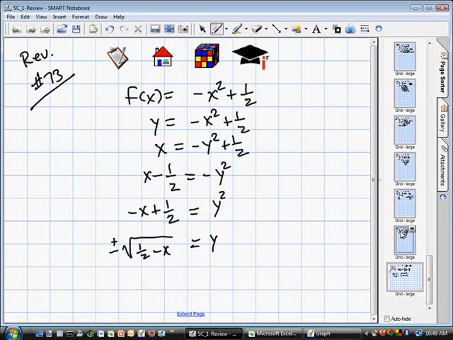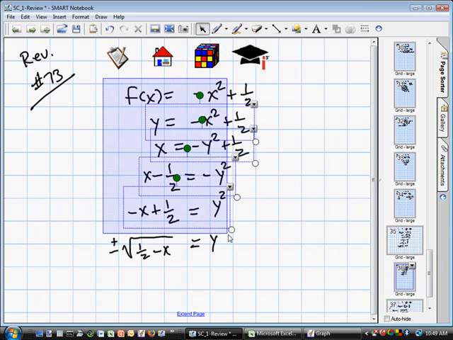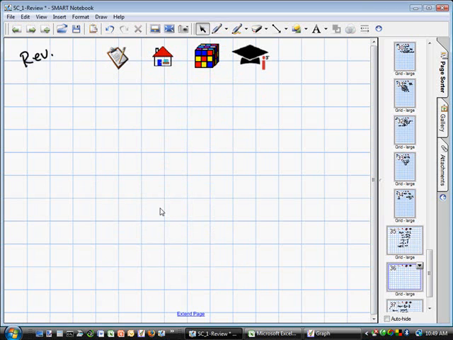Okay, 54D. I need to make a page again here. Okay, number 54. Part D. Well, let's see what's going on.